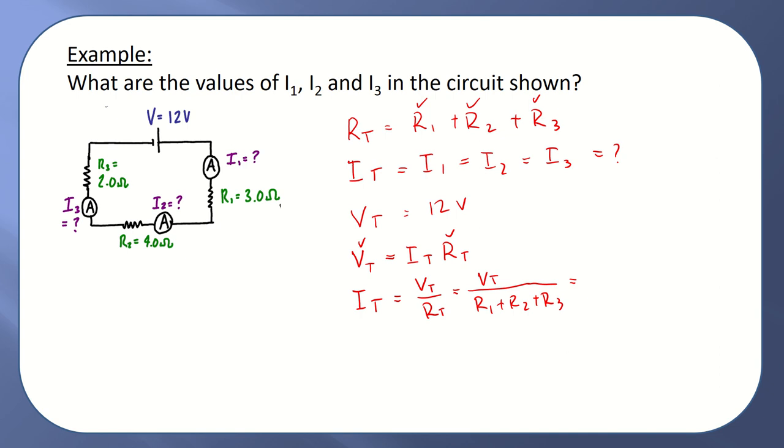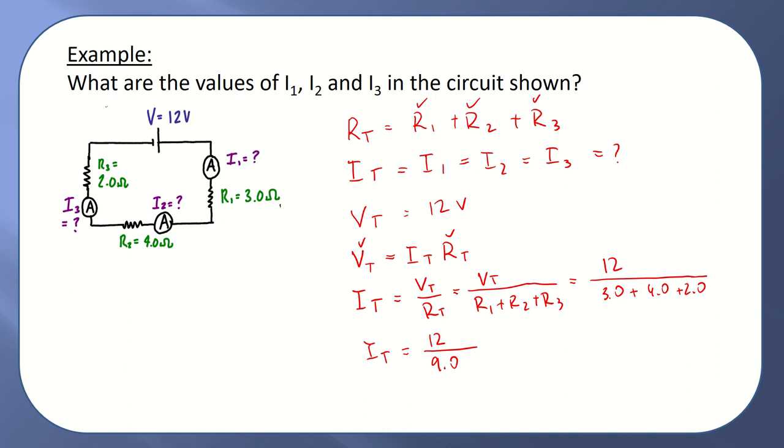Plug in the values for all of this, and here we have 12 volts for the voltage. R1 is 3 ohms, so 3.0 plus R2, which is 4.0, plus 2.0. So our I total is going to equal 12 over 7 plus 2 is 9. So we get 12 over 9.